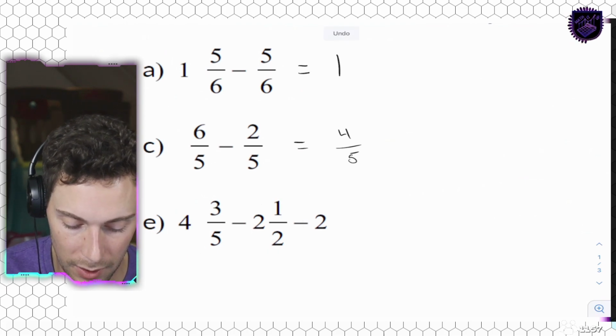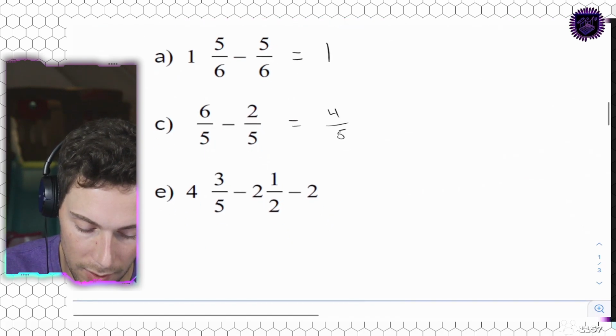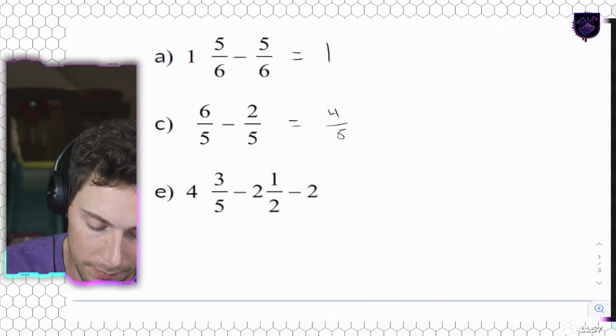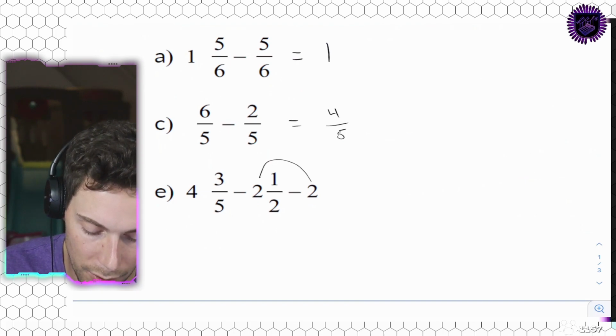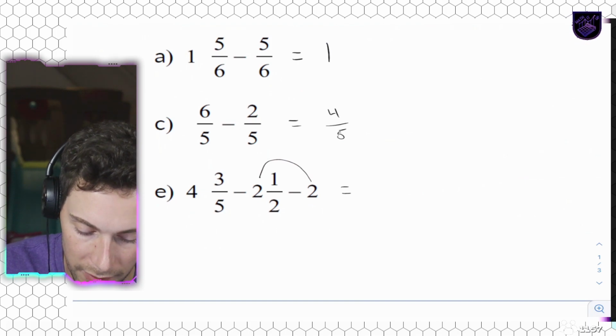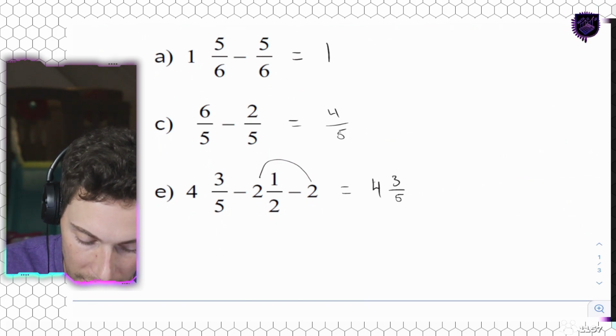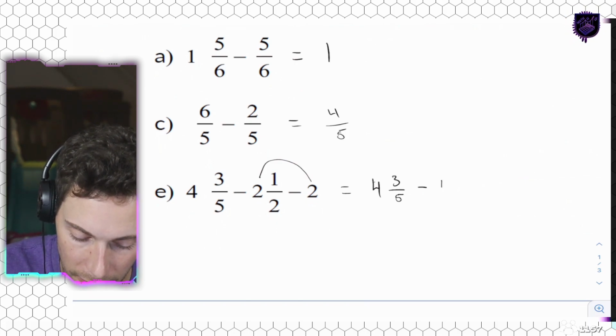So path of least friction. So I'm going to start with adding these two together. 2 and 2.5. So my equivalent statement will be 4 and 3/5 minus 4 and 1/2.